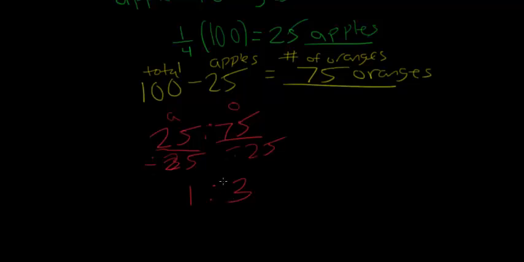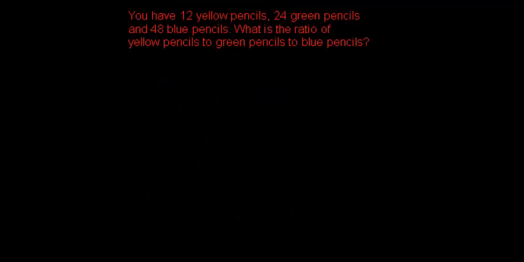It's going to be 3. You might have to use your calculator. I hope you don't. So your ratio is going to be 1 to 3, or 1 apple per 3 oranges. So for every 3 oranges, you should have 1 apple. That problem was a little bit harder than the last couple we've done, so I hope you got that.